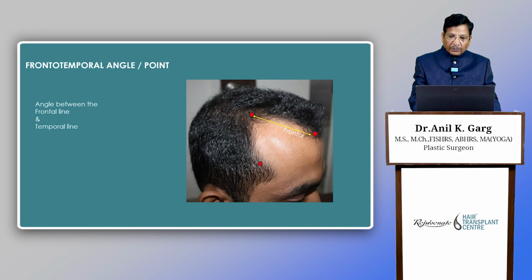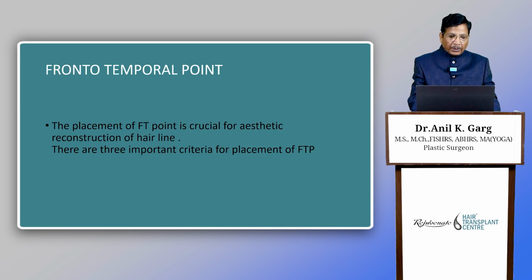The angle between the frontal hairline and the temporal line is called the frontotemporal angle, and where both lines meet is the frontotemporal point. The placement of the frontotemporal point is crucial for aesthetic reconstruction of the hairline. There are 3 important criteria.